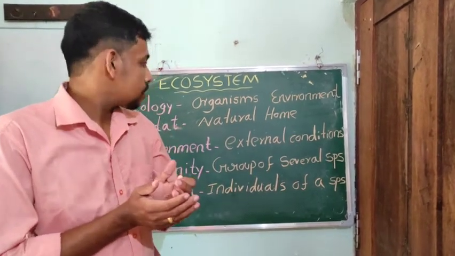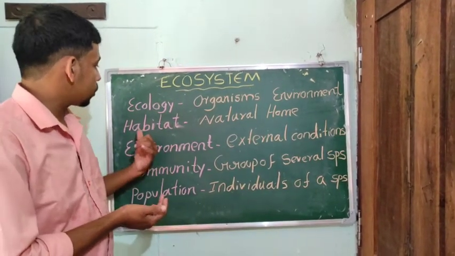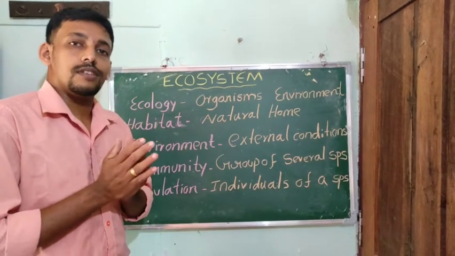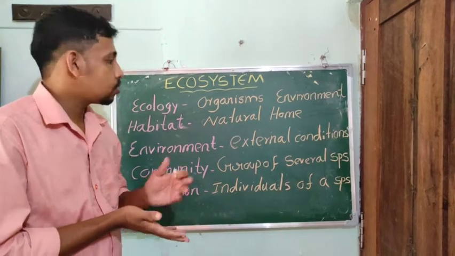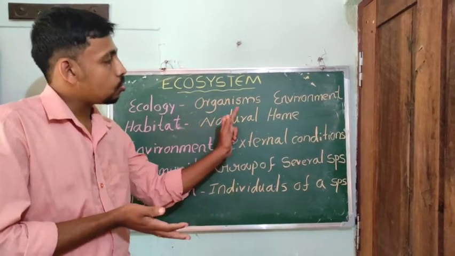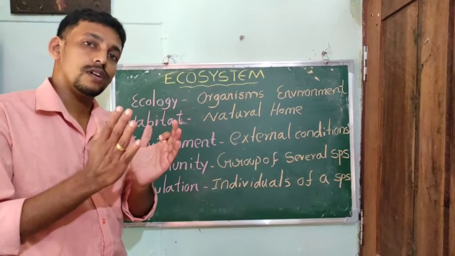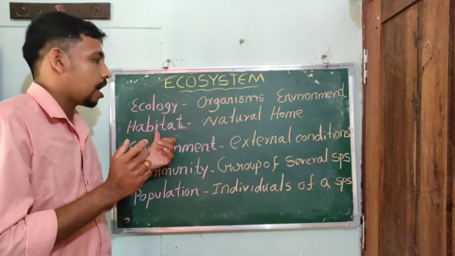Okay. So these are some terms. So here there is what? Habitat. Habitat is the place in which the organism lives. So it is the natural home of an organism. The natural home, the place where the organism lives, is known as its habitat.